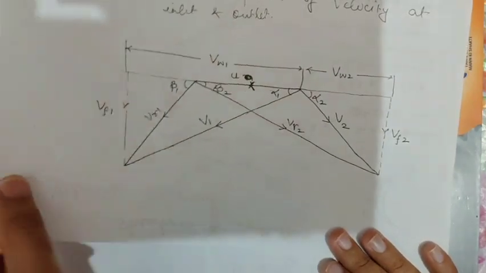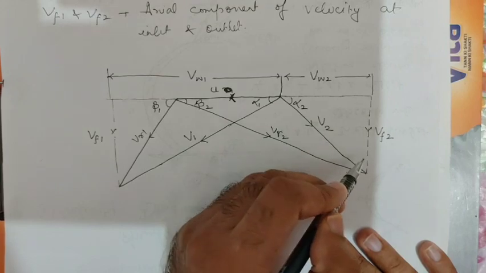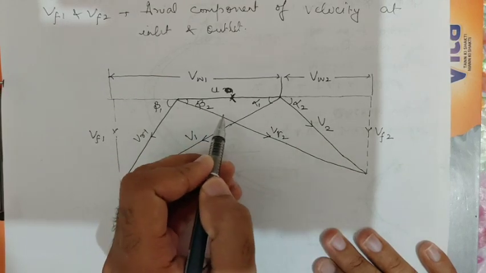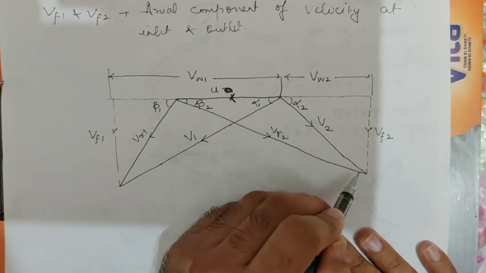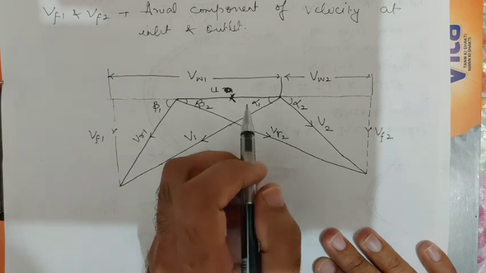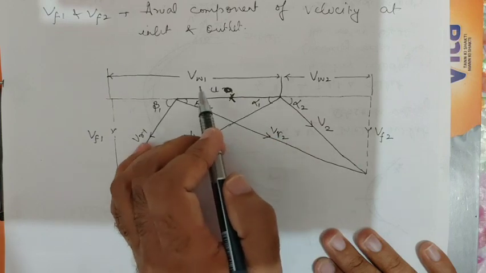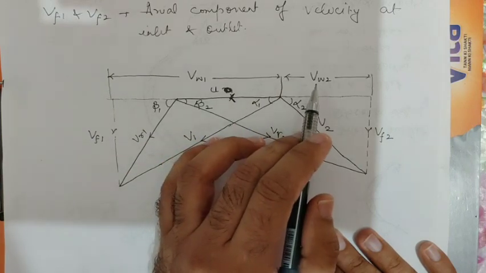inlet velocity diagram. At outlet, this is V2 and this is beta 2, that is VR2, and the tangential components of the velocities are VW1 and VW2.